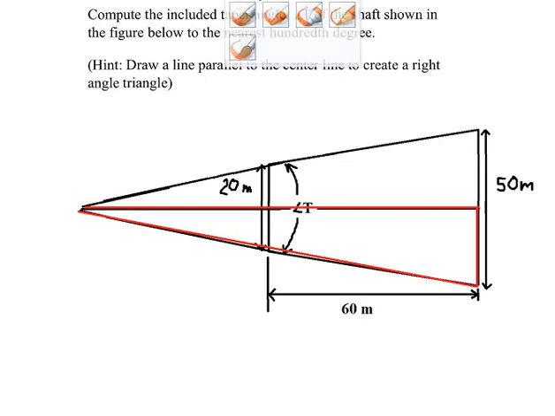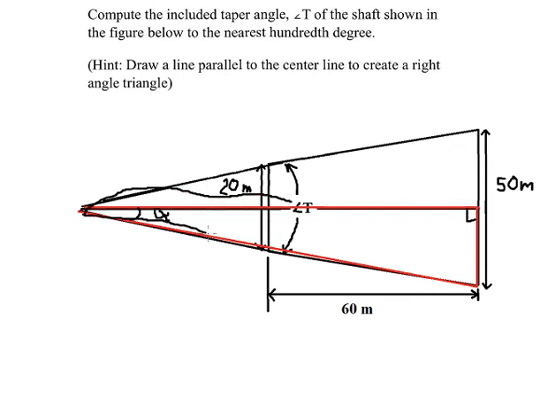If we look carefully, if we want to find the table angle, we need to find this angle in here. So I will call this one alpha. We need to find the height of this right triangle.